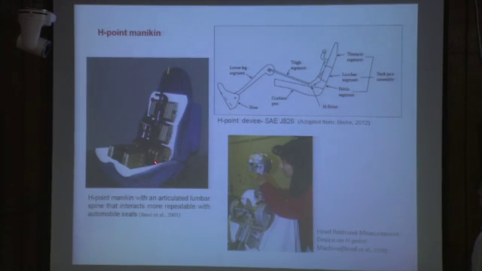Now, in the automotive industry, there is a requirement of defining the H point for the manufactured seat. While a seat is being manufactured, we need to define the H point location based on this H point mannequin.